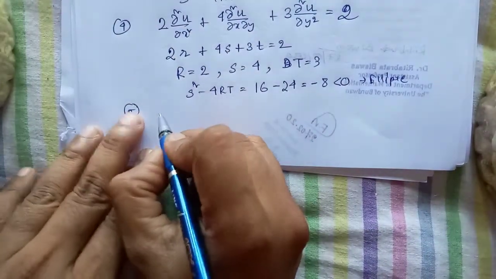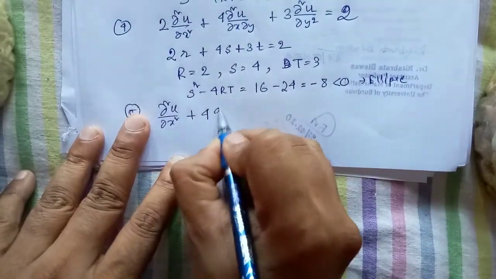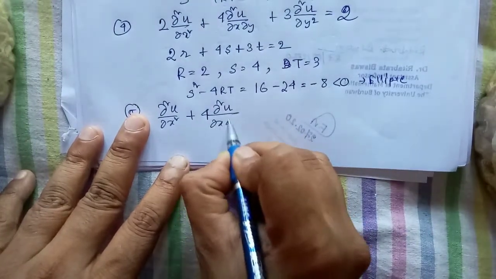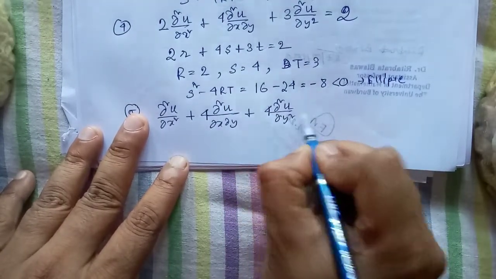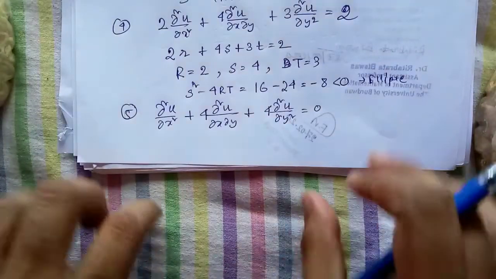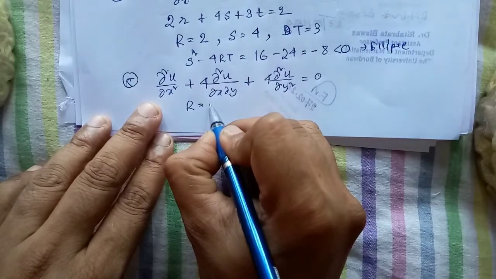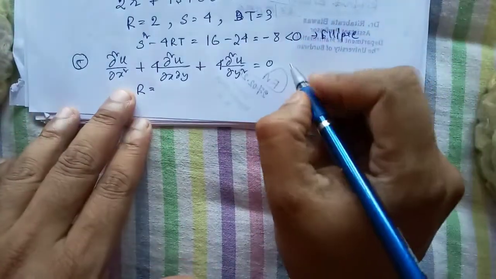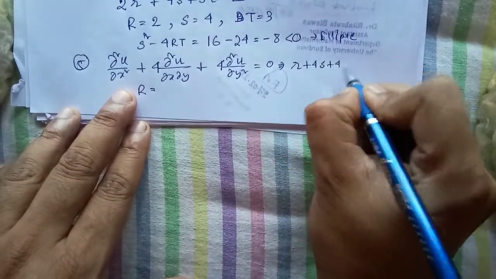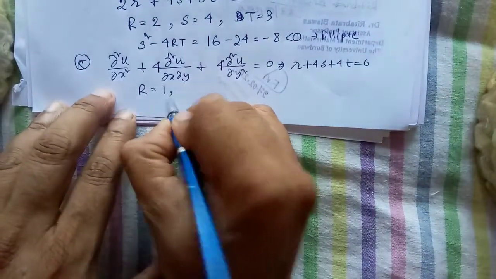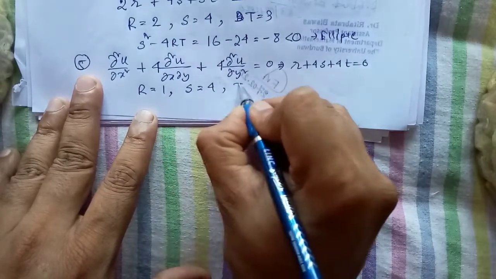Next one, the problem given is ∂²u/∂x² + 4 ∂²u/∂x∂y + 4 ∂²u/∂y² = 0. So again, firstly we should write it in a simple format, that is r + 4s + 4t = 0, where capital R is equal to 1, capital S is equal to 4, and capital T is equal to 4.